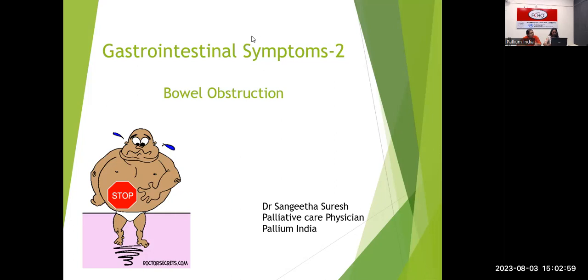It's not similar to what you see in a regular surgical department, how they manage intestinal obstruction. Here it is a little bit different. From a palliative care perspective, we'll see how we can take care of a patient with intestinal obstruction.